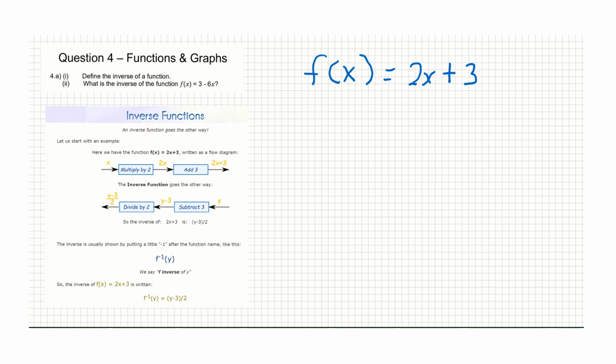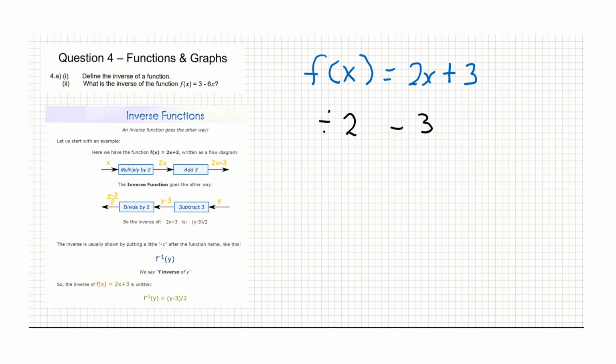Don't worry about what order they're written in, just be careful with the signs. So the 2x plus 3 means you take x, you multiply it by 2, and then you add 3 to your answer. And I wanted to do that backwards. So instead of multiplying by 2, we're going to divide by 2, and then we're going to take away 3.